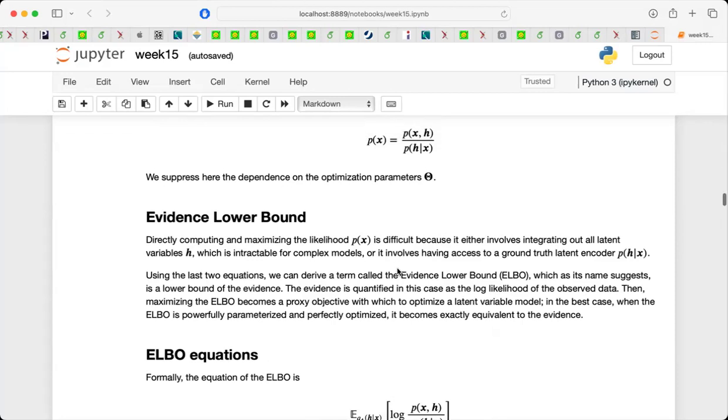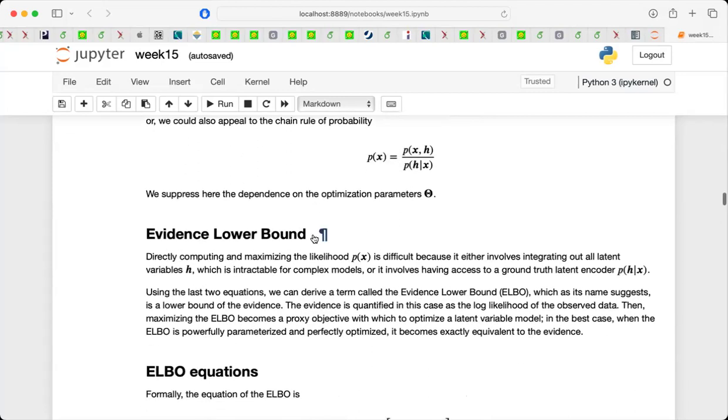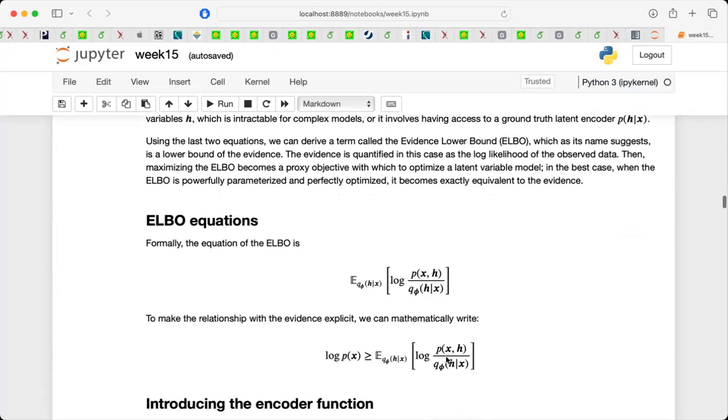So if you look at the last two equations here, these were the two equations which we used last week to derive what is called the evidence lower bound, or ELBO, which is, as the name suggests, a lower bound of the evidence. The evidence is then quantified as the log likelihood of the observed data. And this is the quantity which we then optimize.